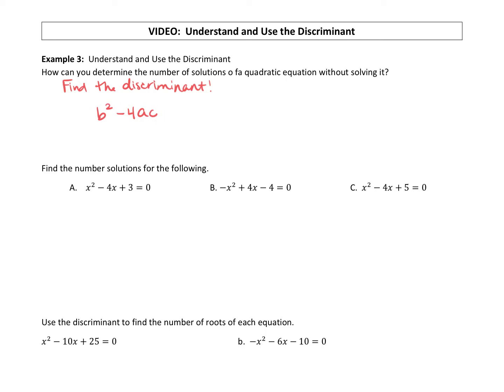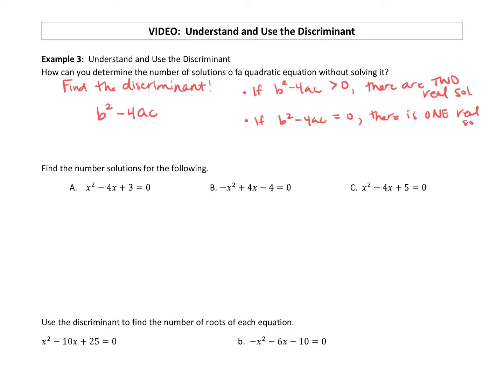If that b squared minus 4ac value is greater than 0, there are two real solutions. If you calculate b squared minus 4ac and it equals 0, right on the dot, there is one real solution.